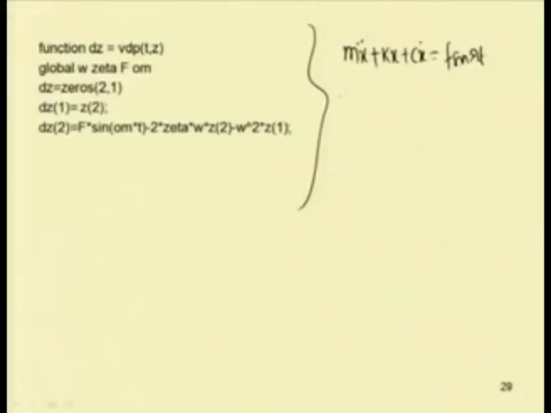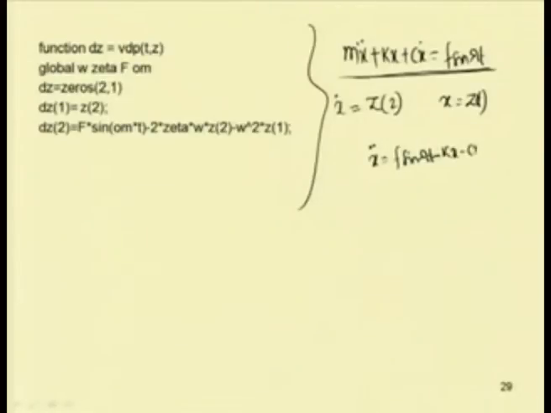Let one put x dot equal to z 2 and x equal to z 1. If one substitutes x equal to z 1 and x dot equal to z 2, then this equation can be written in this form. So, x dot equal to z 2, or one can write x double dot equal to f sin omega t minus k x minus c x dot.